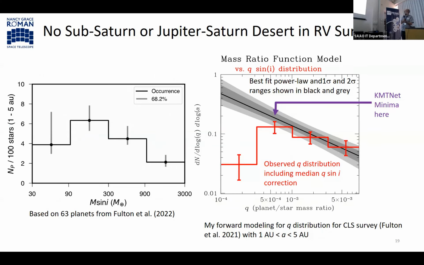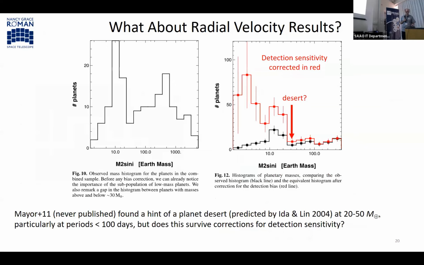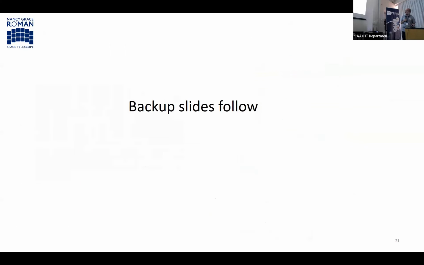This should show no evidence for any deficit there. It's not the same sample that Wencheng is going to talk about, so it doesn't mean there's any sort of conflict, but the radial velocities don't show that.